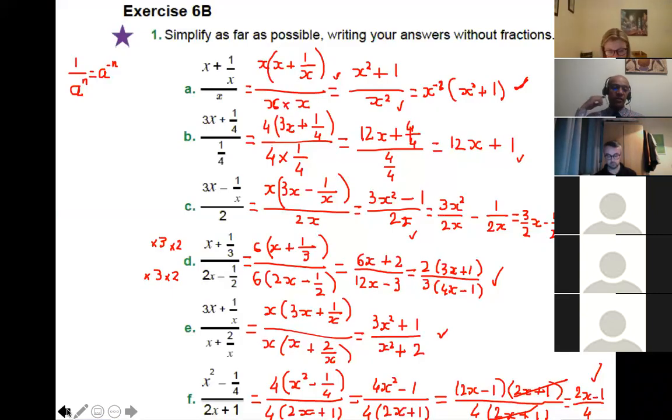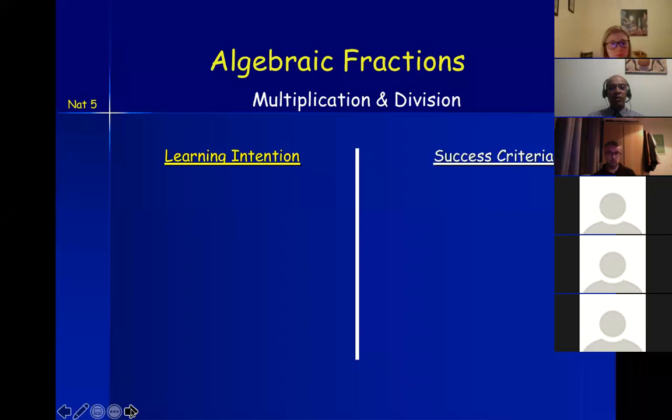So yeah, it's tedious, but there is a way to check our answer. Algebraic fraction is something that we need to be able to do. And because we've only got 10 minutes left, I'm not going to go through the next topic.